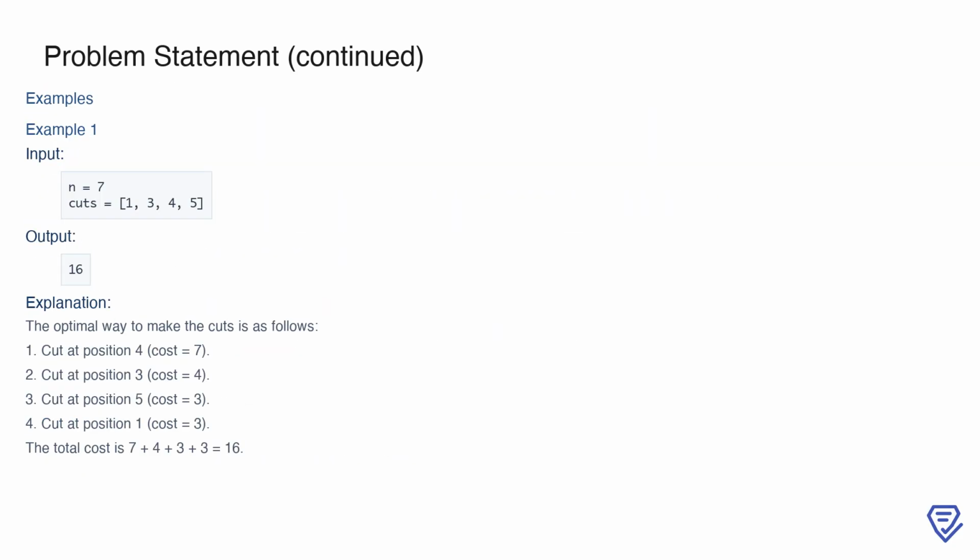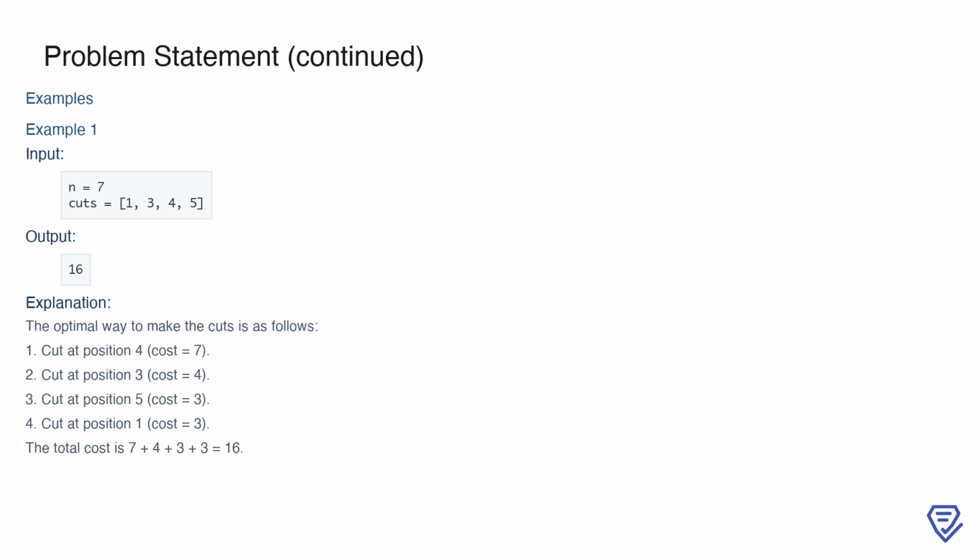To better understand the problem, let's look at an example. Suppose the stick has a length of 7, and the cuts array is 1, 3, 4, 5. The optimal way to make the cuts would be as follows. First, cut at position 4, which incurs a cost of 7 since the stick's total length is 7 at that point. Next, cut at position 3, which now costs 4 because the left smaller stick is of that length.